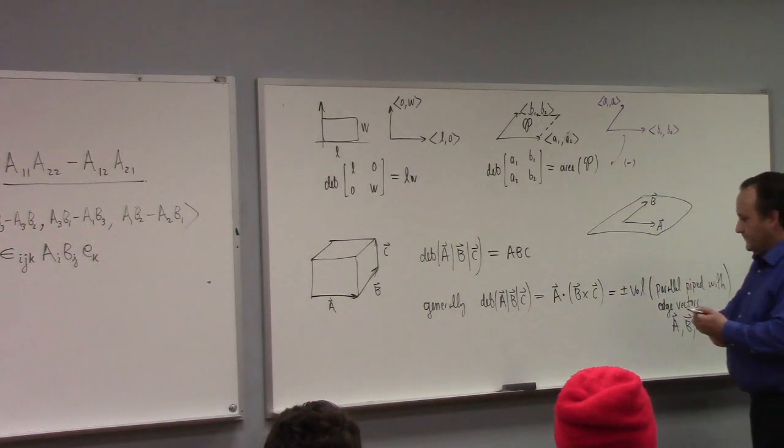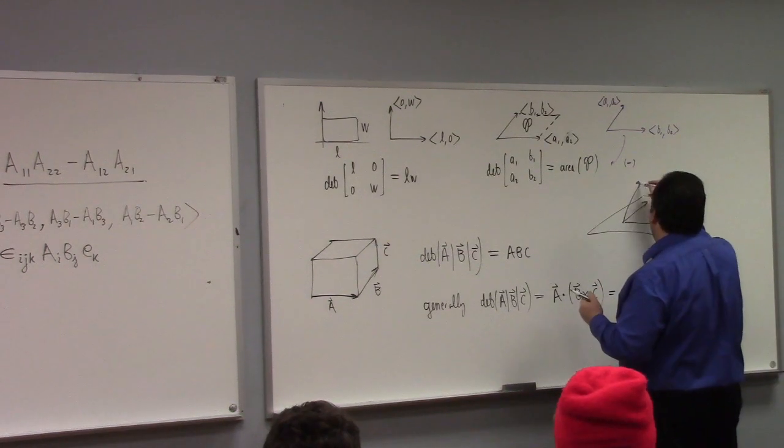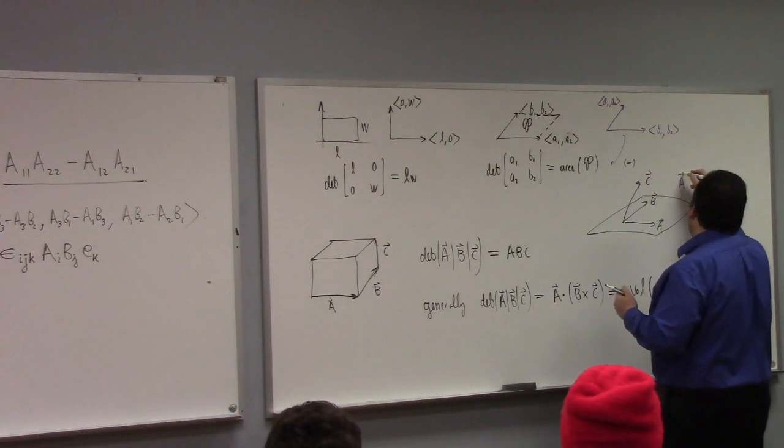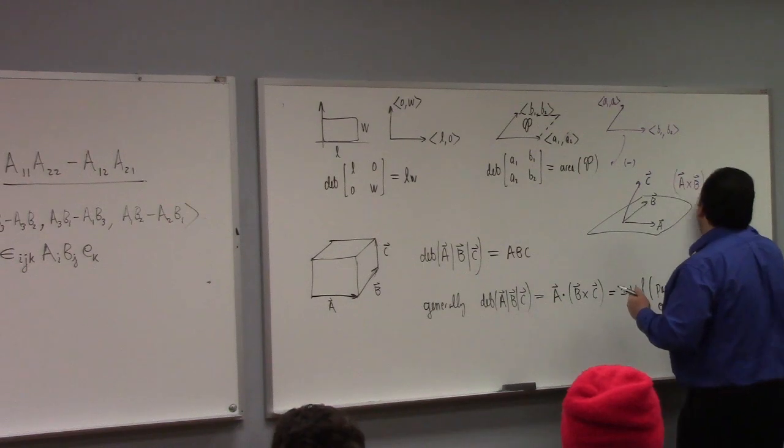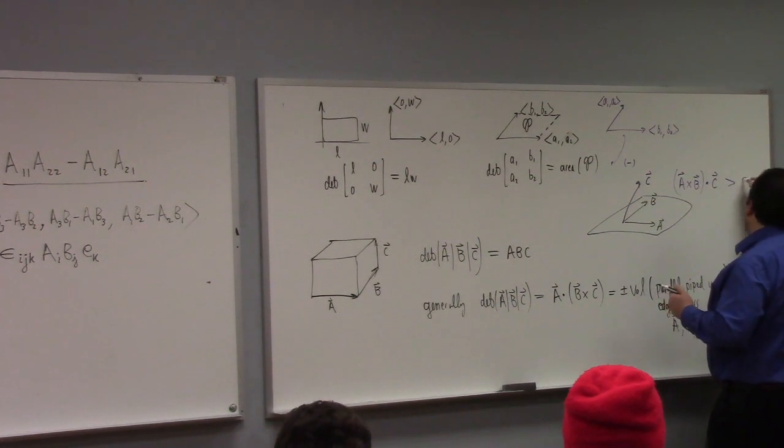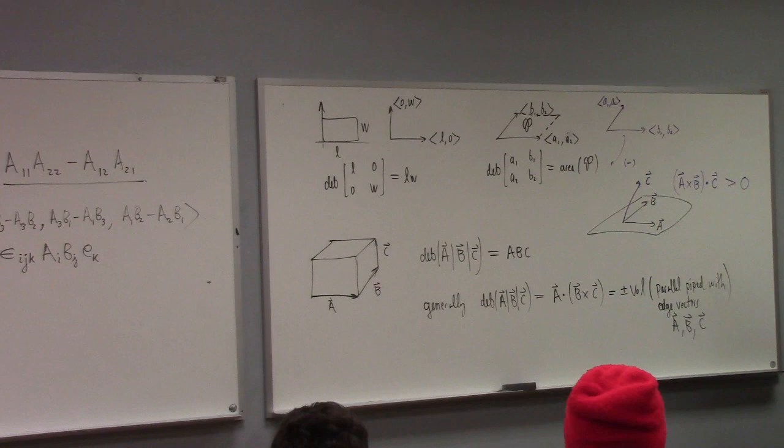So as long as C is somewhere above this plane, A cross B dot C is positive. On the other hand, if the vector C is below the plane, then A cross B dot C is negative.